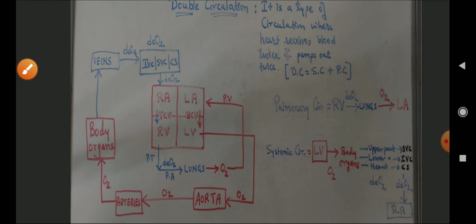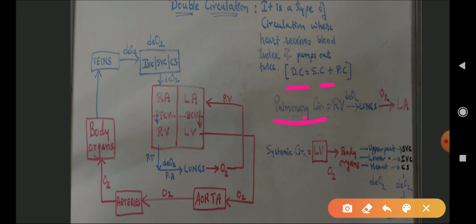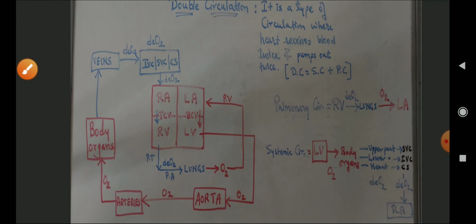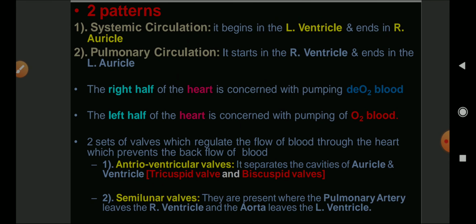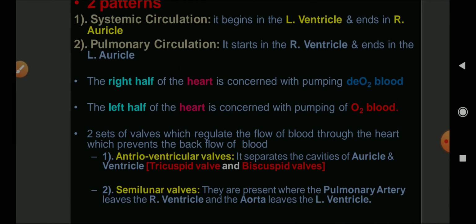Pulmonary circulation is a part of double circulation where the lungs are involved. Double circulation equals systemic circulation plus pulmonary circulation. Systemic circulation is the part of double circulation where the lungs are not involved; other organs are there, but the lungs are not. That is the pattern of circulation: systemic circulation and pulmonary circulation.